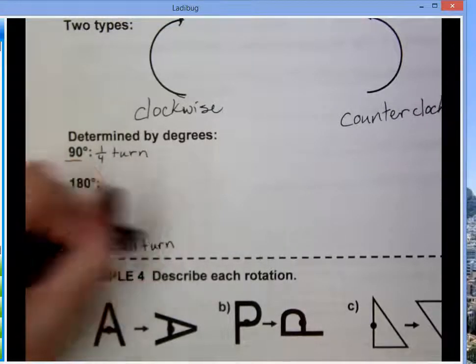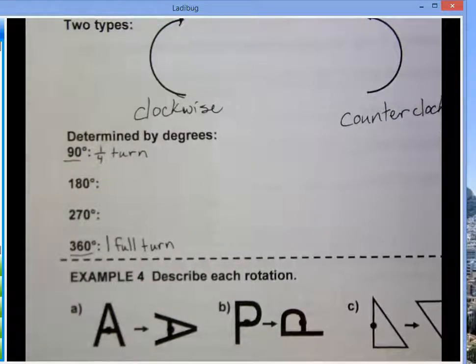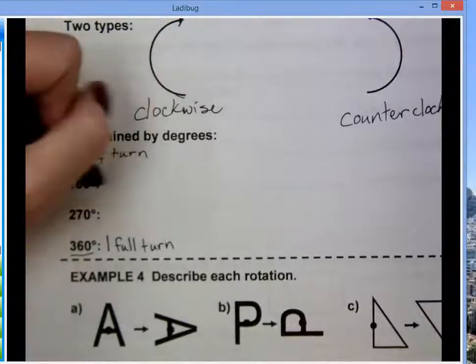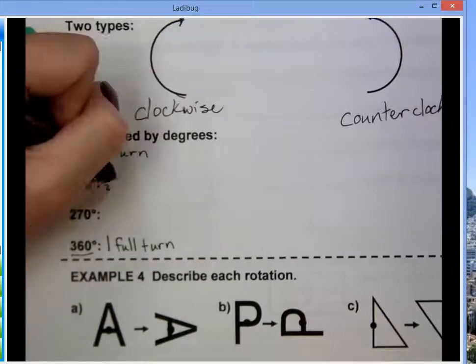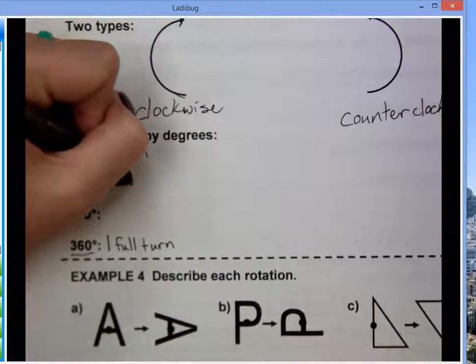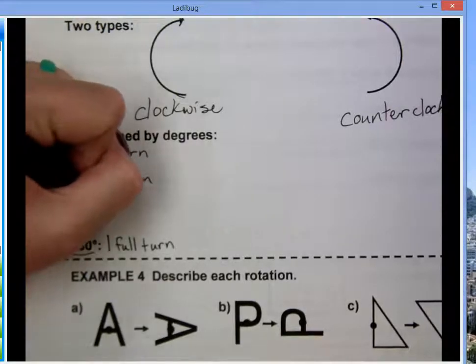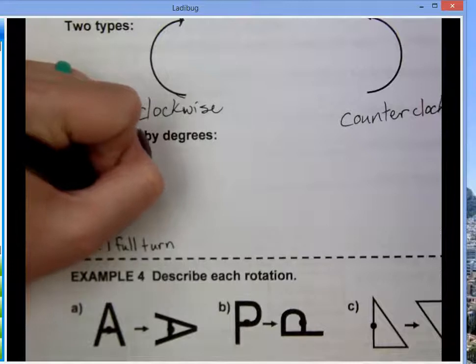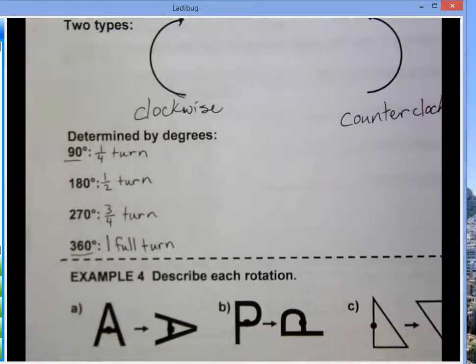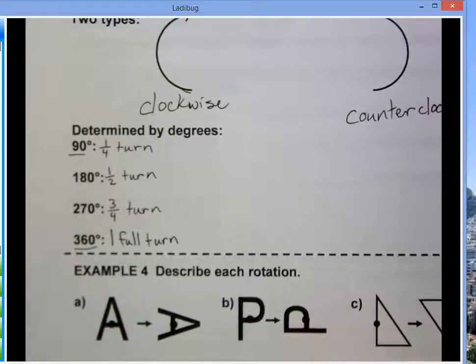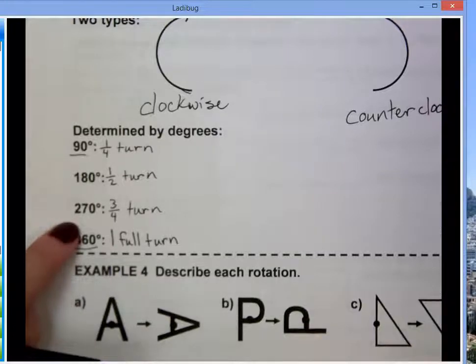So one full circle. And then half of that would be half of a turn, which would be 180. And then 270 degrees would be 3/4 turn. So you go 3/4 of the way around the circle. And those are the 4 we will be talking about. So this is review. You should know that.